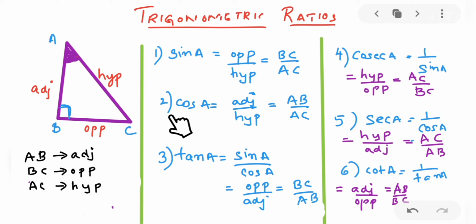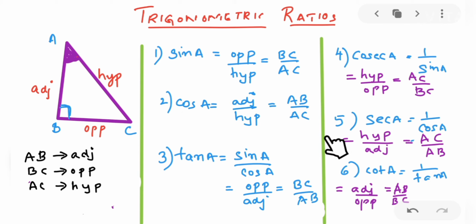Cosec. Once you know these 3 formulas, the other formulas are reciprocals. So cosec is 1 by sine, so take the reciprocal. Cosec formula is 1 by sine, that is hypotenuse by opposite, that is AC by BC. The sec formula is the reciprocal of cos.